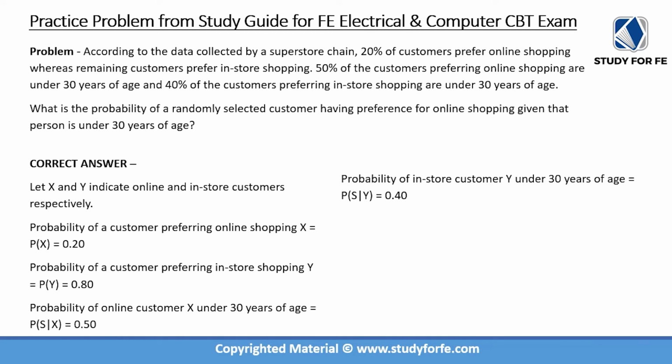So let's pay special attention to these two probabilities. We are told that 50% of the customers preferring online shopping are under the age of 30, and 40% of the customers preferring in-store shopping are under the age of 30. So for example, this first group prefers online shopping, and then they are under the age of 30.